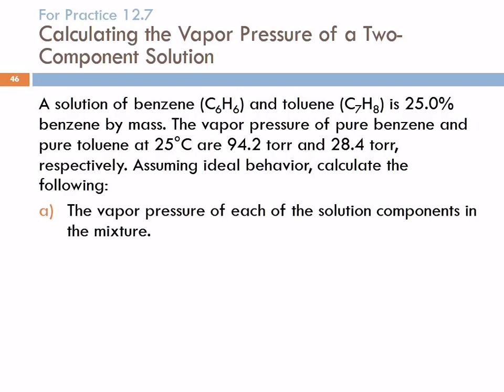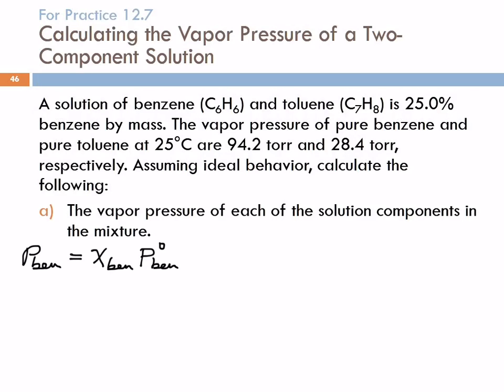So the pressure, I'm going to call benzene Ben. The partial pressure of the benzene will equal the mole fraction of the benzene times the vapor pressure of pure benzene. And likewise for toluene. So we're going to need mole fractions.